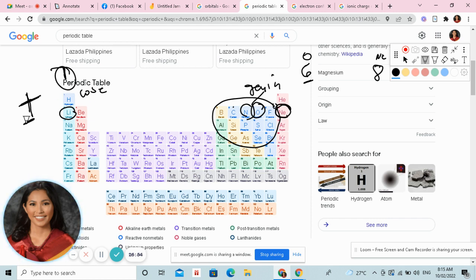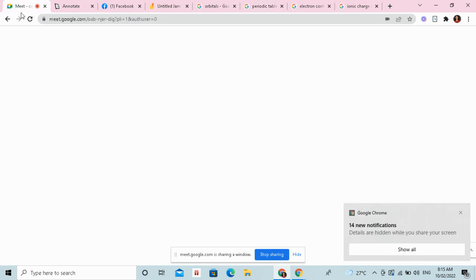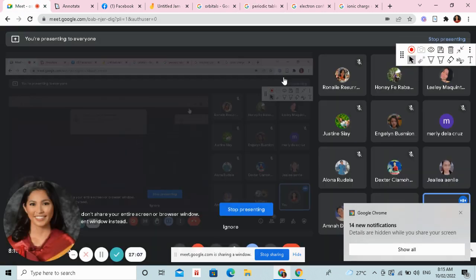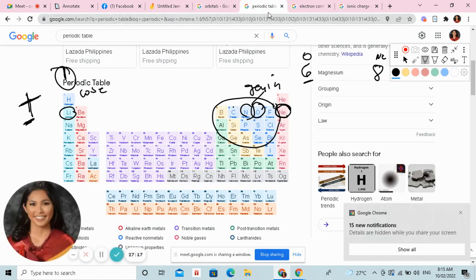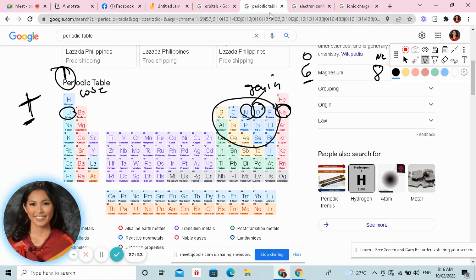Because the number of electrons is smaller since they lost electrons, so the positive charge is more dominant than the negative. Now, in the case of oxygen, that's why non-metals become negative, because they gain more electrons.